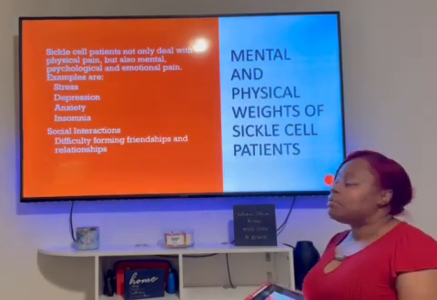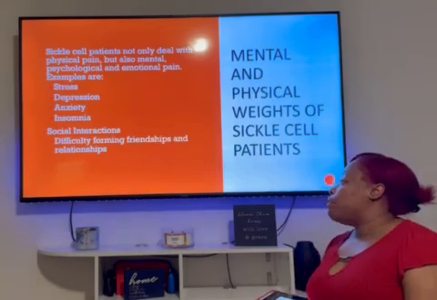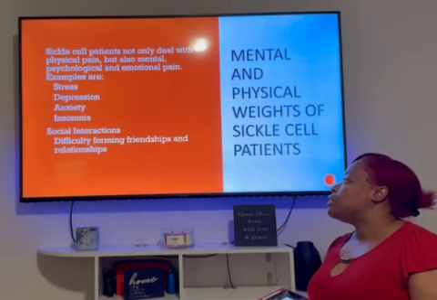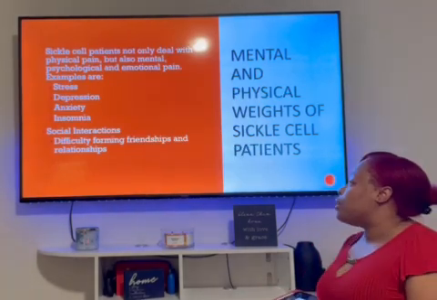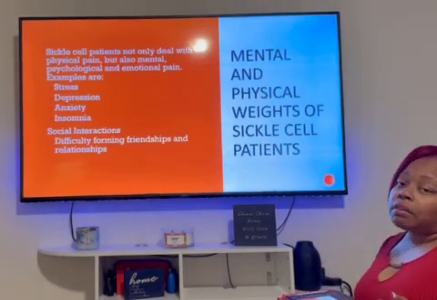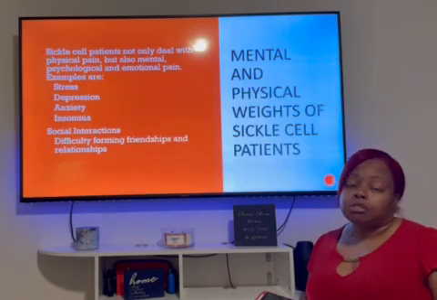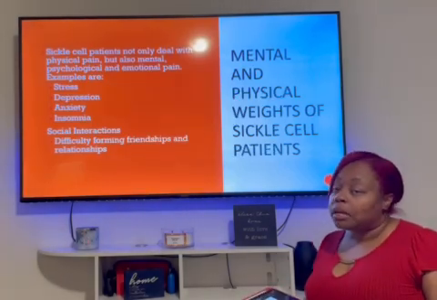Some patients feel like having this disease is a burden on their family and friends, because they do go through a lot. So they get depressed, they have anxiety, and they have trouble sleeping. The insomnia comes from being up multiple nights because of pain. When you're going through a pain crisis, you can't sleep.